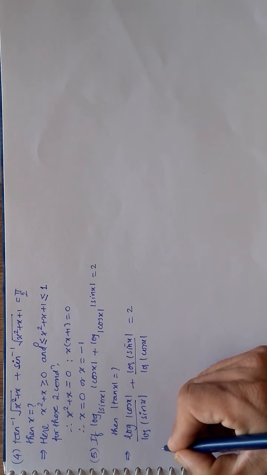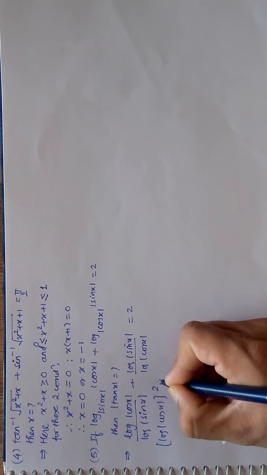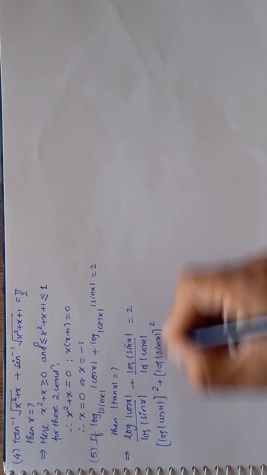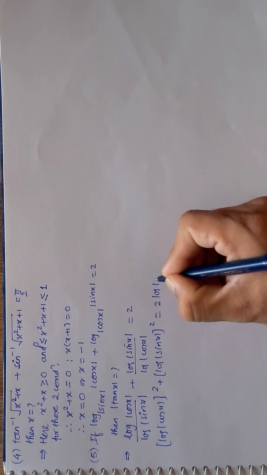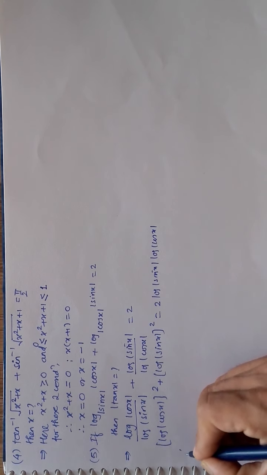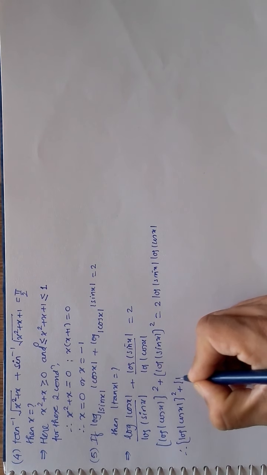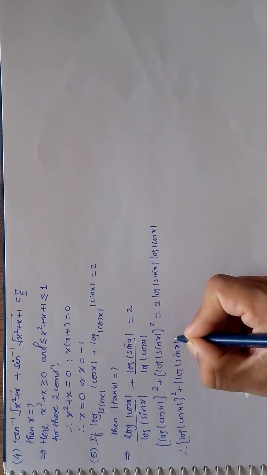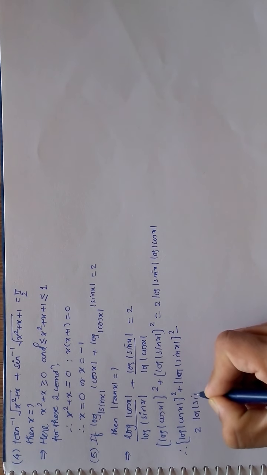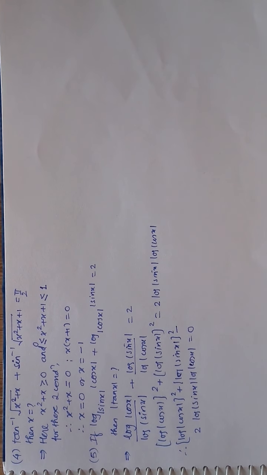Taking LCM, that is log of mod of cos x the whole square plus log of mod of sin x the whole square is equal to 2 times log of mod of sin x into log of mod of cos x, which becomes log of mod of cos x the whole square plus log of mod of sin x the whole square minus 2 times log of mod of sin x into log of mod of cos x is equal to 0.